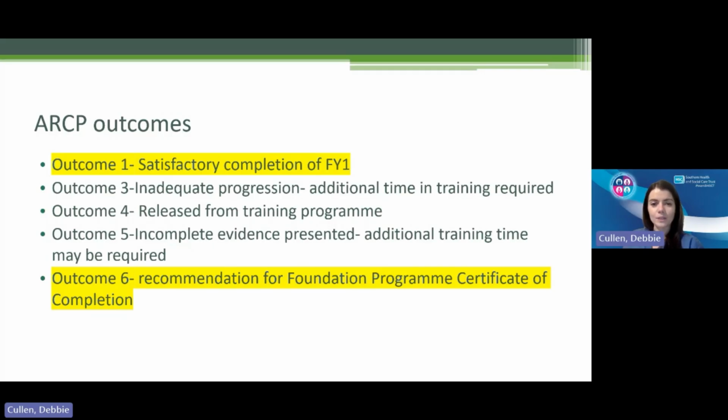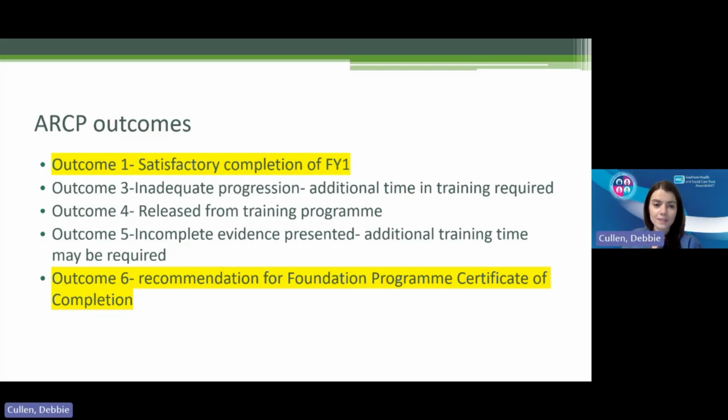And that means that as a panel, we're satisfied that you've met your requirements and you can progress into F2. And outcome 6 is what we would like you to achieve at the end of your F2 year. And that means that you've completed your foundation training, and we're recommending you for your foundation program certificate of completion to allow you to apply for further specialist training and progress into the next stage of your career.